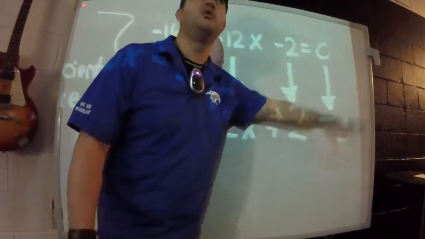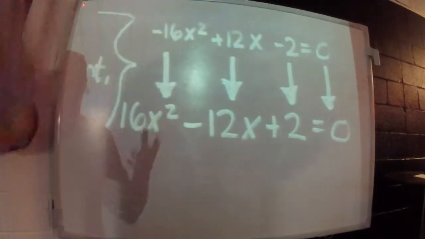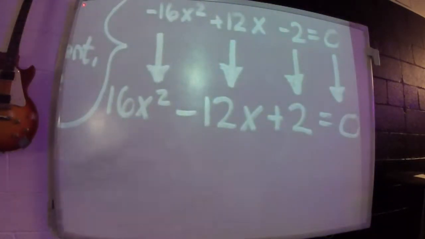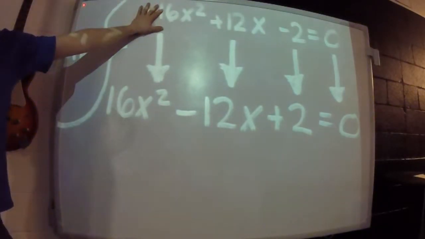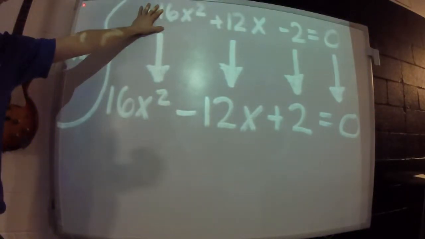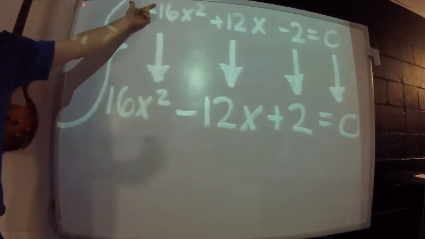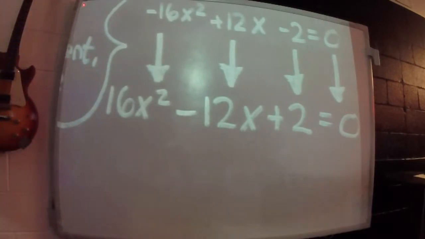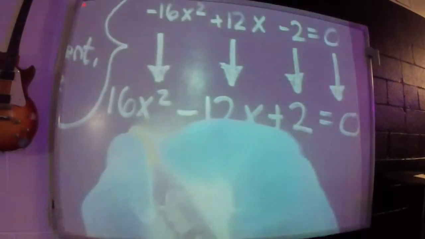I am technically doing every piece, but 0 doesn't change. So, if you have -x squared, if you like to factor with -x squared, be my guest. My suggestion though would be, first I don't want -x squared, so I'll just flip it so it's not negative.